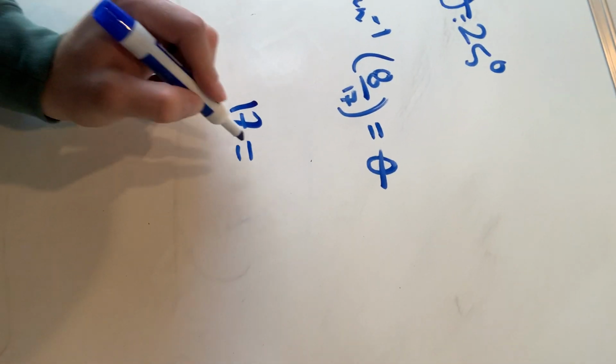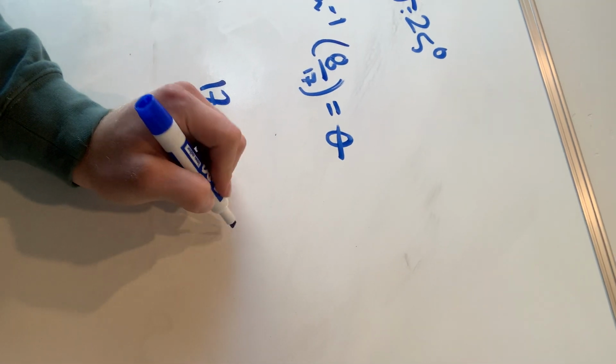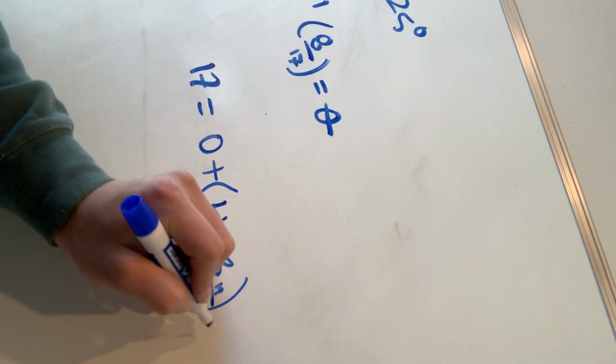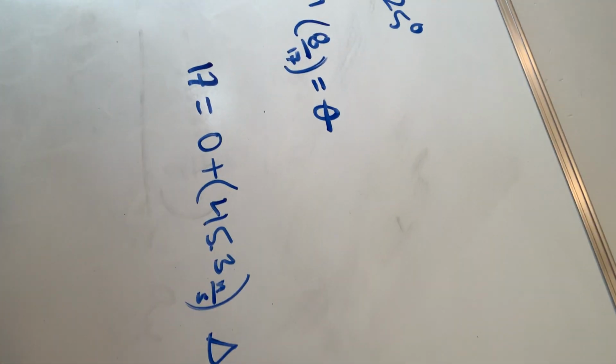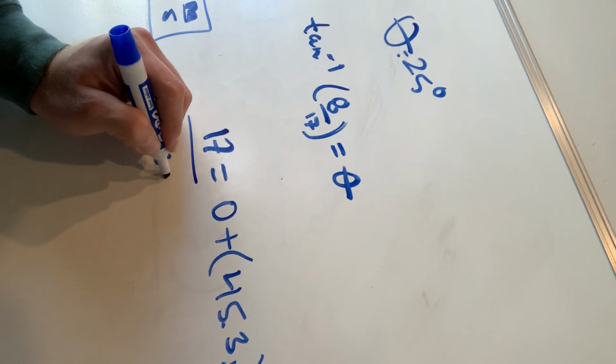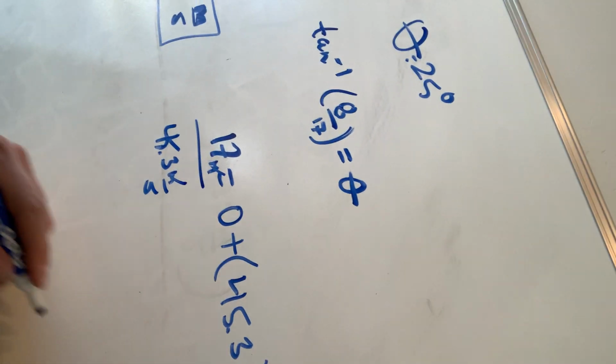Setting that up, we have 17 equals 0 plus 45.3 meters per second times delta t. So if we do 17 meters divided by 45.3 meters per second, we're going to end up getting our time in seconds. Let me do the math of that.